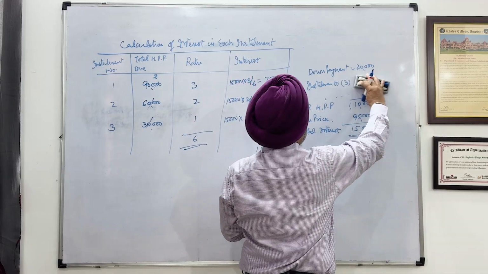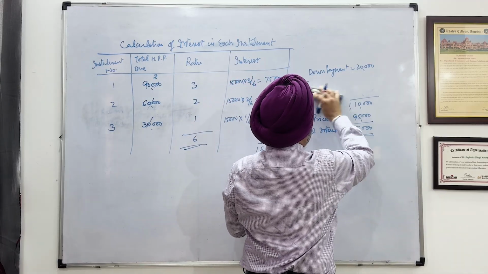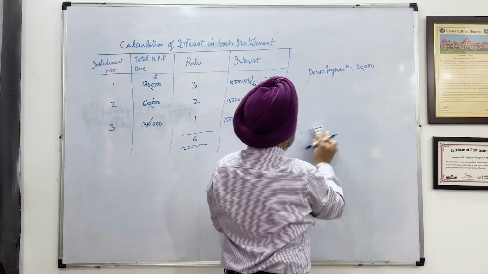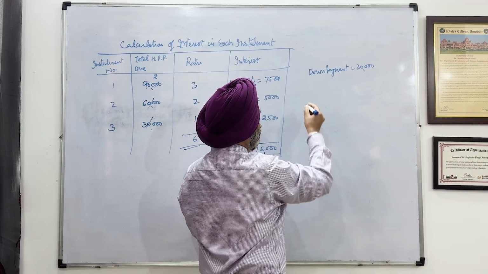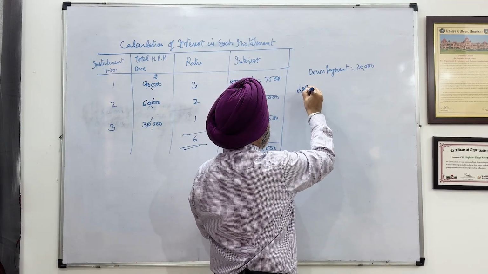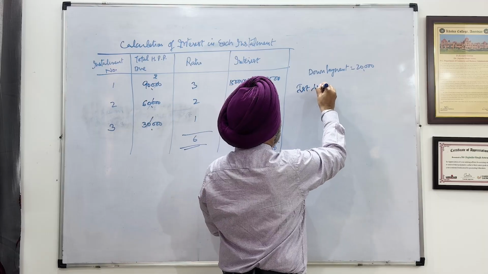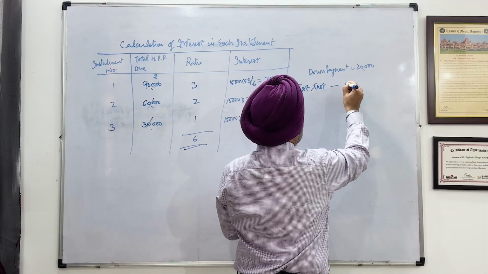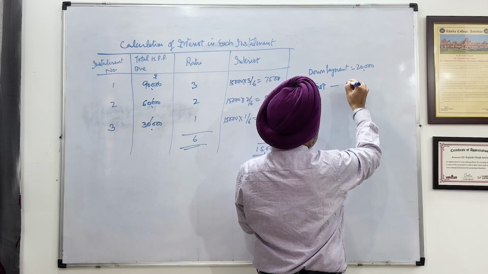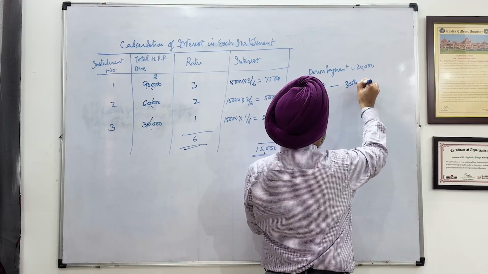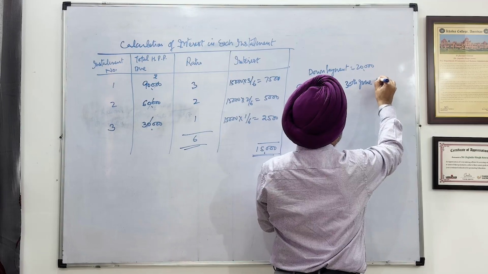Suppose our installments are like this way. First installment is to be paid, say, on 30th of June, rupees 30,000.